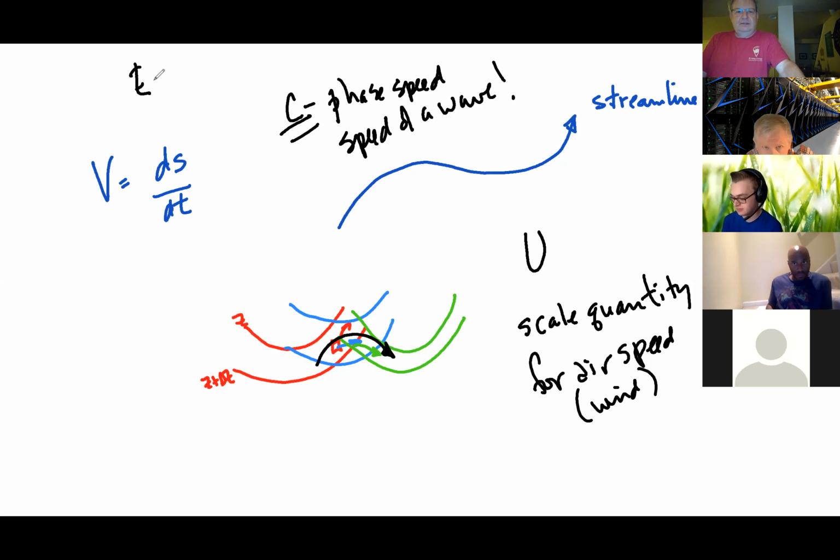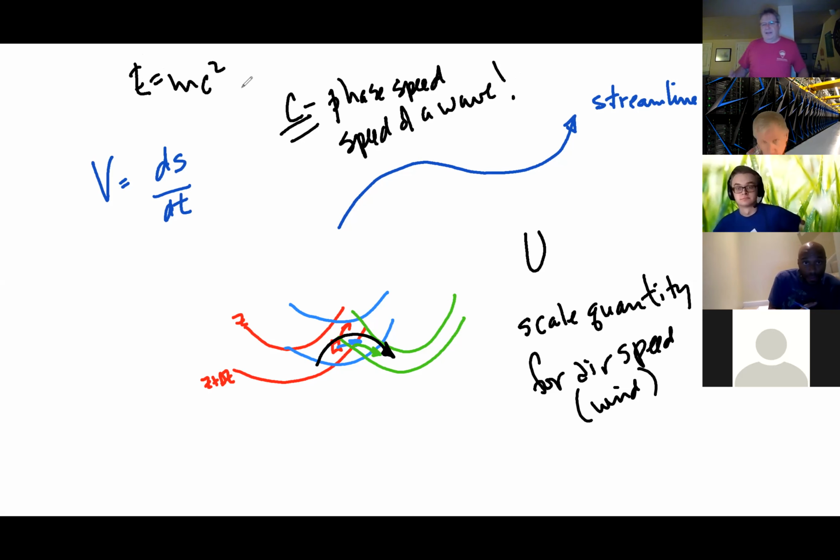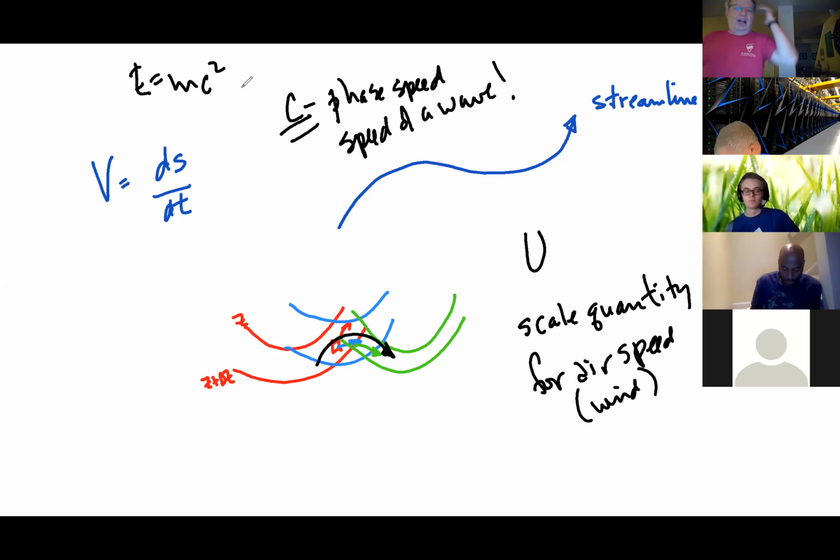Speed of light. Right? But isn't the speed of light the phase speed of electromagnetic radiation, which is a wave? So if you go on into meteorology, you're going to see phase speed, wave speed, and you're going to use actual wind speed.